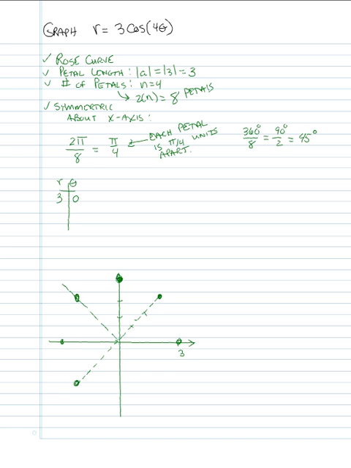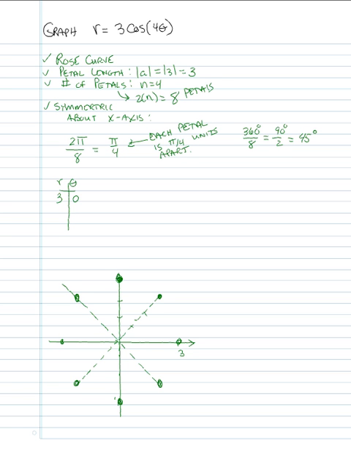Another 45 degrees, and there's another 3 units this direction. Another 45 degrees, and I'm repeating myself, but we would be there. Now there are the ends of all the petals.